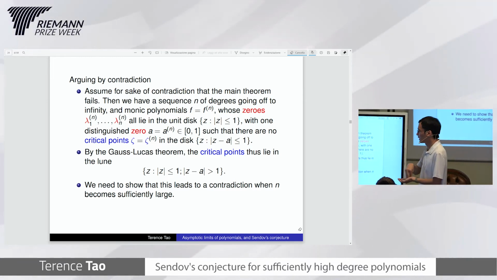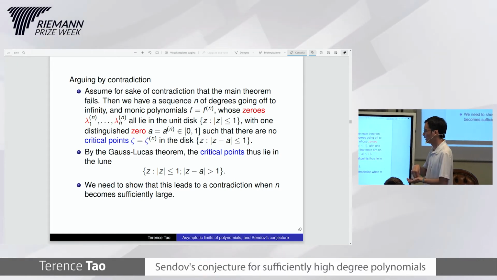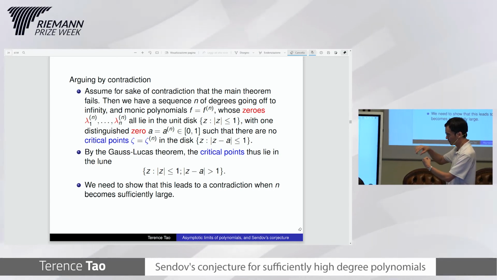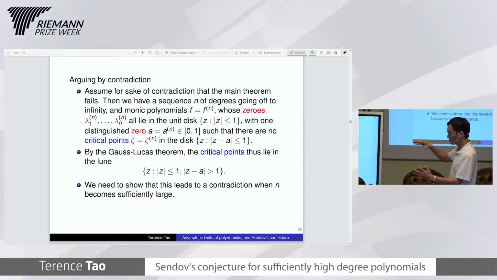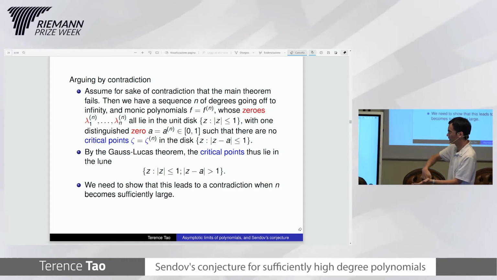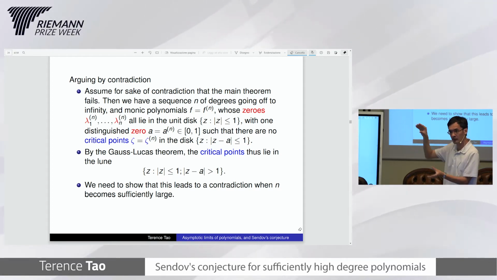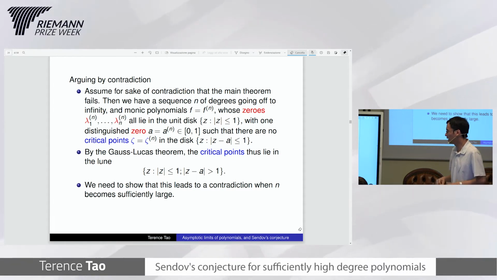So we assume that we have a counterexample, which means that if you take the unit disk around this special zero, there are no critical points. All the critical points lie in the unit disk, but outside this other disk. So they lie in a lune, the region in one disk but outside another disk.